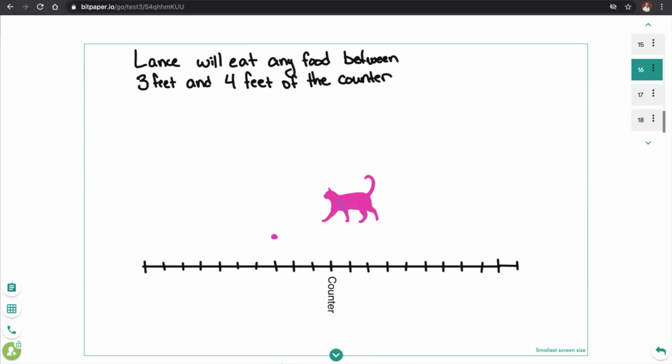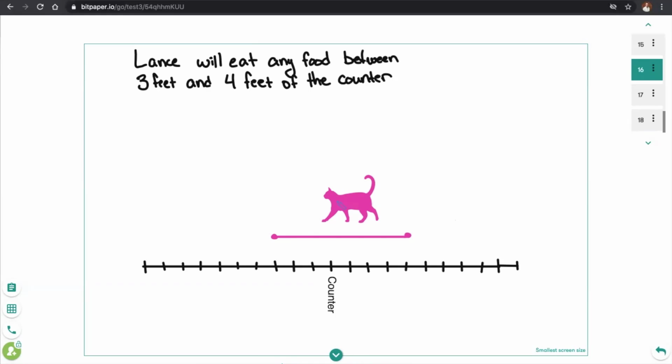And then 4 feet to the right of the counter, we'd go 1, 2, 3, 4. We'd put our line right there. And if we connect those two dots, that right there represents the part of the kitchen where Lance will eat any of his food.